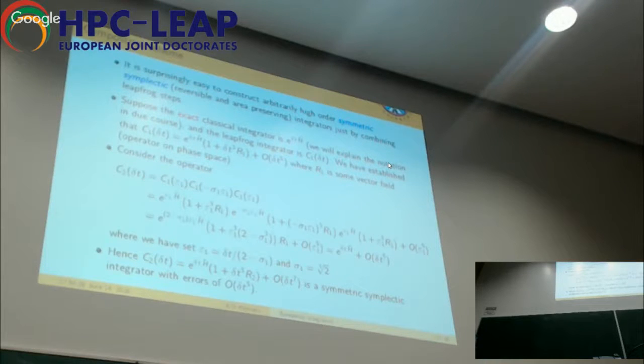So what I'm left with is, if I'm going to insist that I want this trajectory to relate to delta tau, so I want this to equal e to the delta tau h hat with corrections. I want a higher order integrator, so I want the errors to be order delta tau to the fifth. So I can achieve this final equality if I set epsilon to delta tau over 2 minus sigma. That ensures that the step length of this whole combination ends up being delta tau.